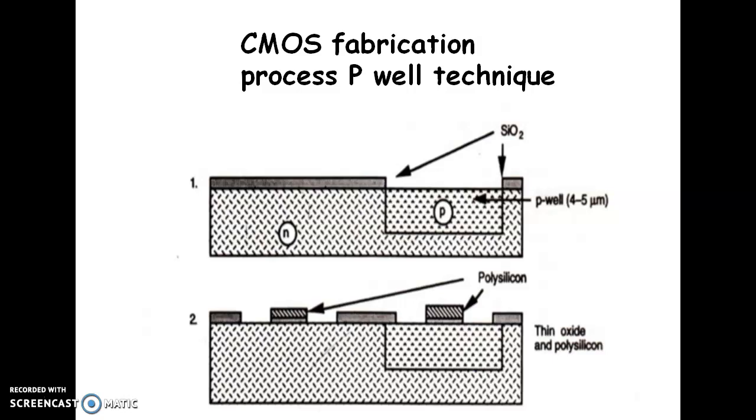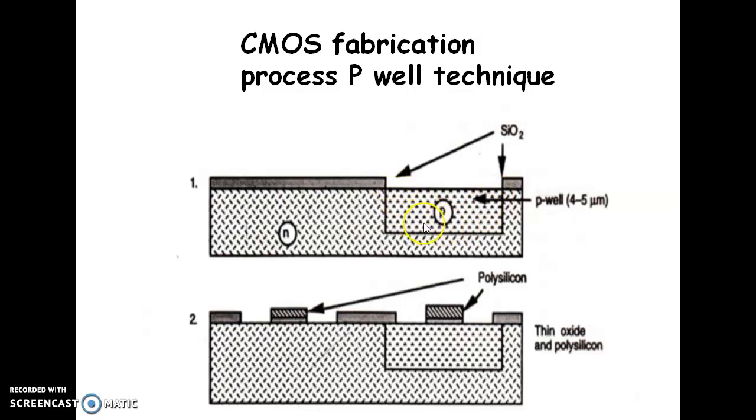First of all we'll begin with formation of the P well. In order to accommodate the N-type devices, a deep P well is diffused into the N-type substrate.